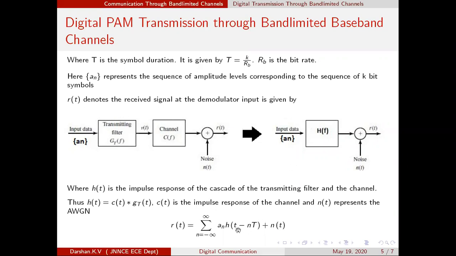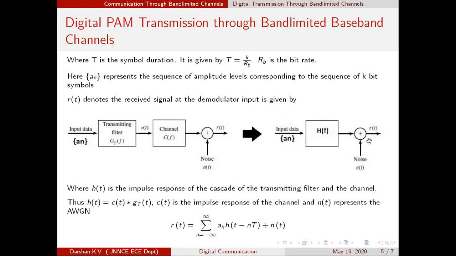So a_n into h of t minus nT has been written. This summation is the output of this cascaded block, or the combined block H of f.